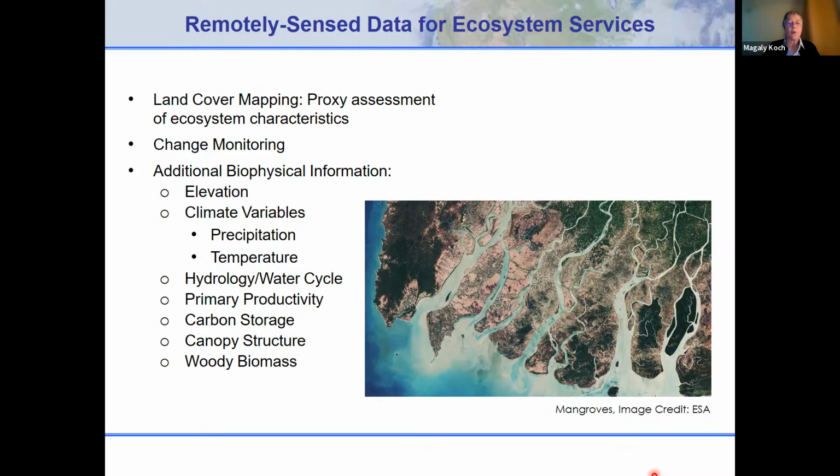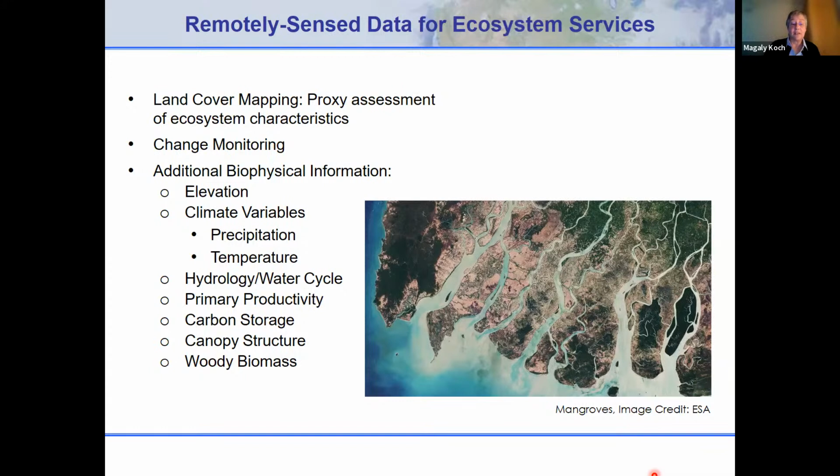And we are often interested in observing and measuring the changes, but also in extracting additional information, geophysical variables, for example, elevation, climate variables like precipitation, temperature, the hydrology, water cycle, I already mentioned that, primary productivity of the plants, the vegetation in those ecosystems, and the carbon storage.